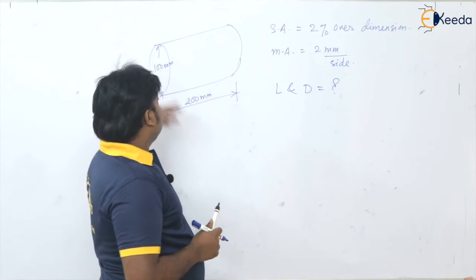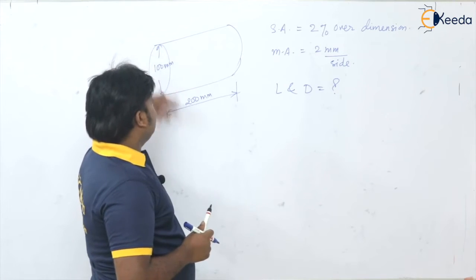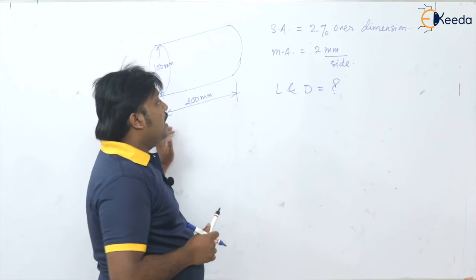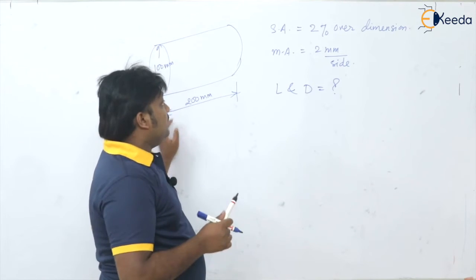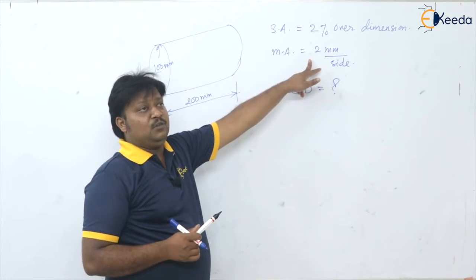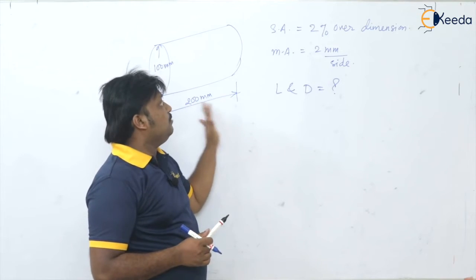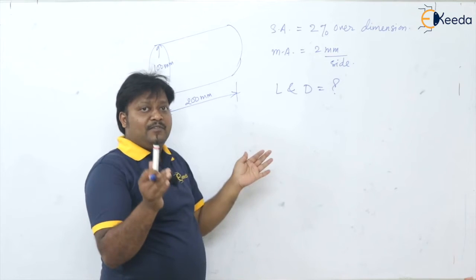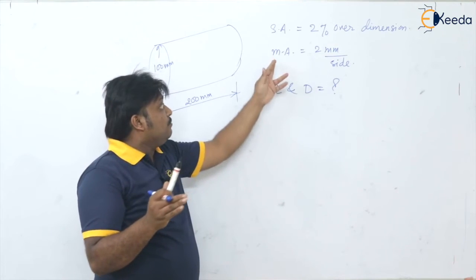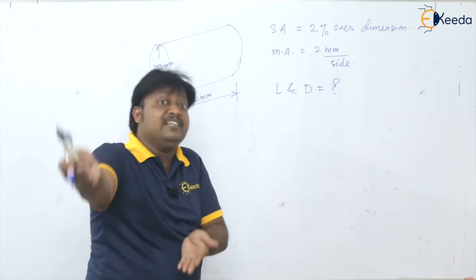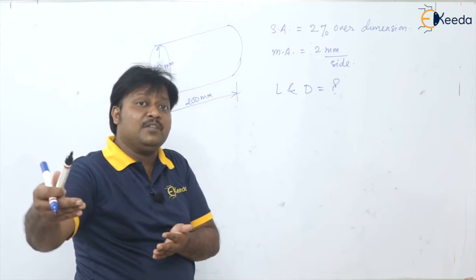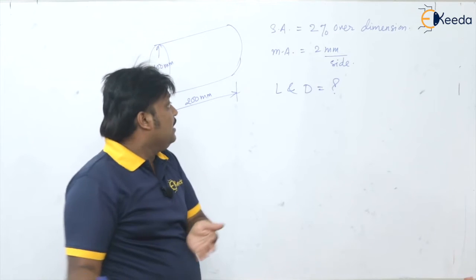We get the dimensions after the shrinkage allowance, but when you provide this 2 mm machining allowance on the dimension which comes after provision of shrinkage allowance, that is the final value, but that machining allowance is also going to shrink. Please remember, this machining allowance is also going to shrink after the casting is solidified.